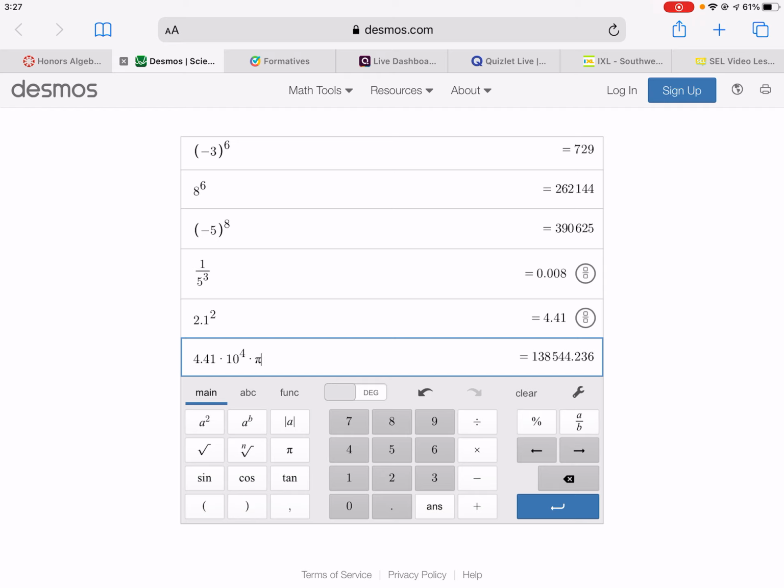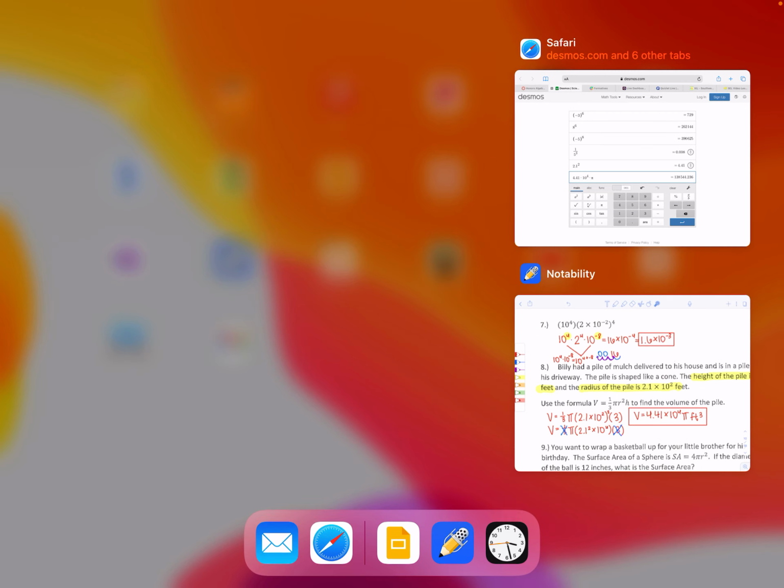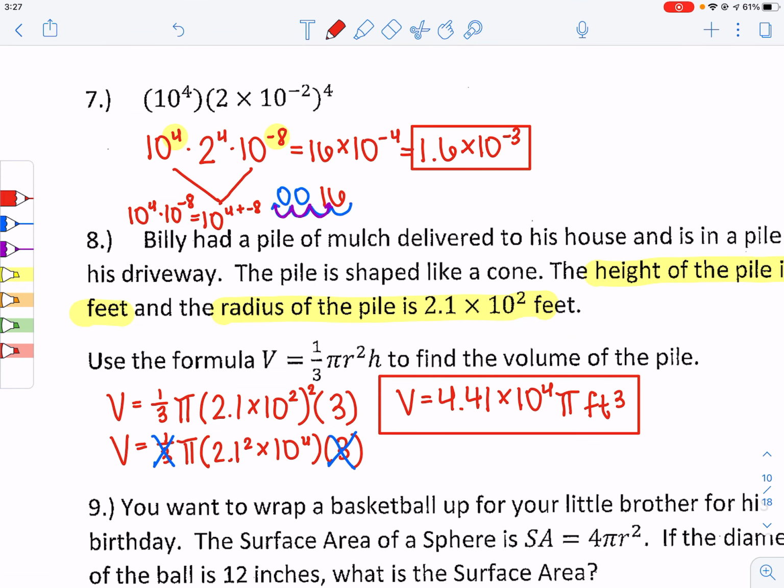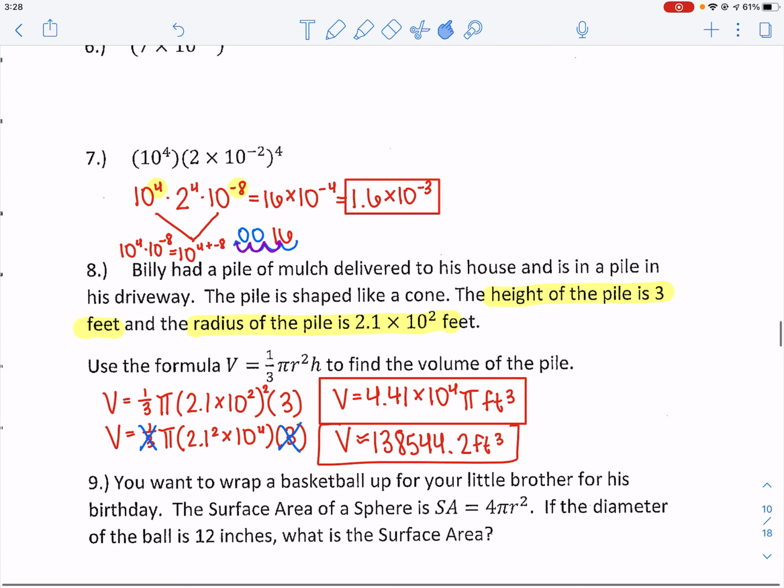When you do that, you get 138,544, and then let's just round it to the nearest tenth, so we'll call it 0.2. Okay, so another answer you could say, let's use the word about, because it's an approximation, because we're rounding, is about 138,544.2 feet cubed.